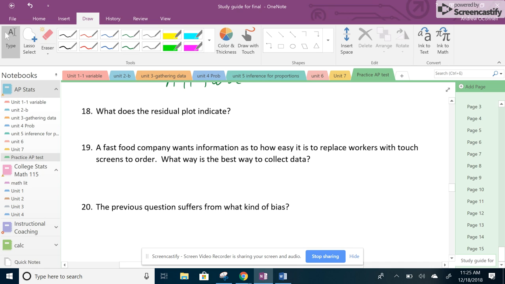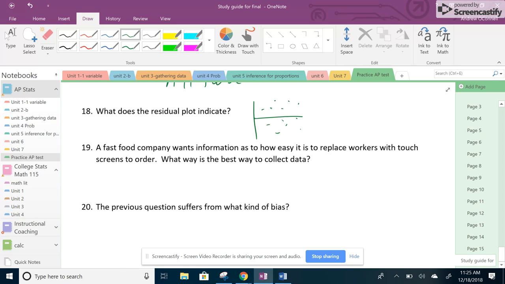Now, when I look at the whole residual plot, it's when we took that line and straightened it out. If there's random scatter, that's good. So there should be no patterns like tails. You're right. We don't want patterns. We don't want tails. We don't want curves. So what does the residual plot indicate? It indicates whether or not we can use a line to represent the data, whether it's best represented linearly.